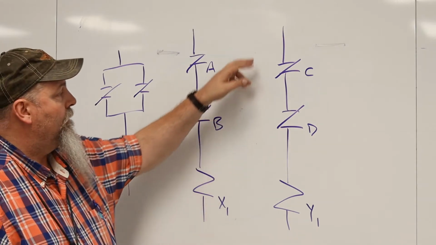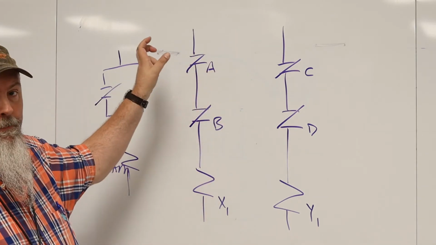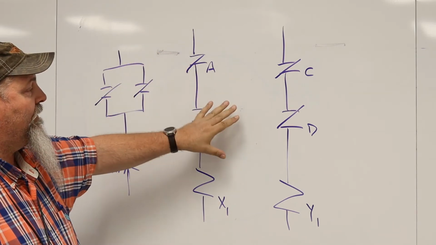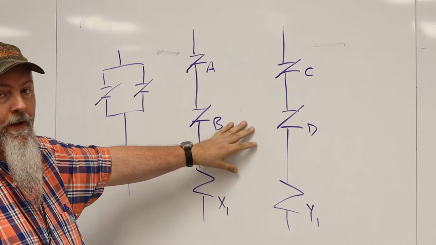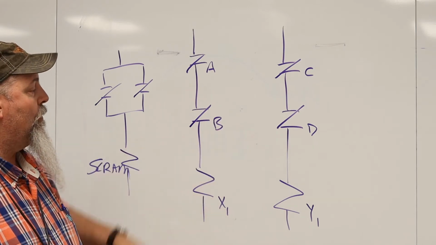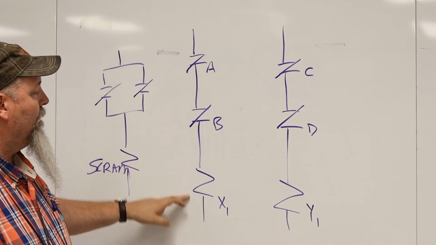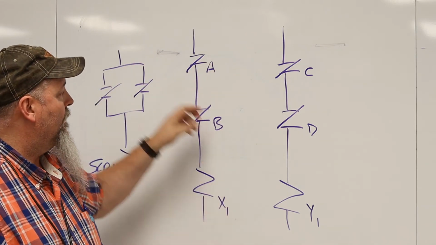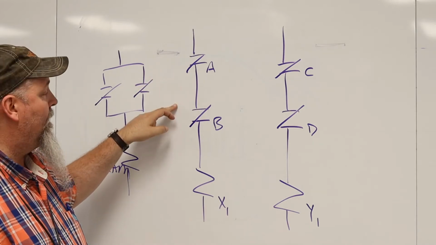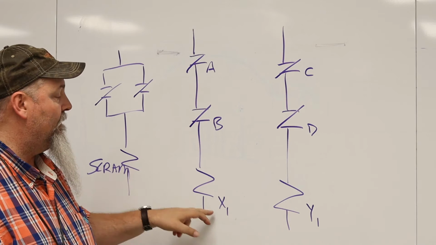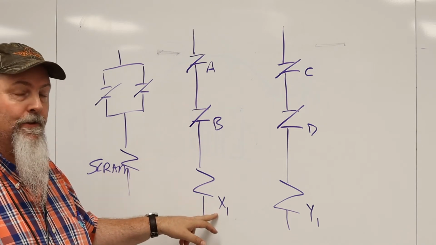So in this setup, instead of parallel sensors, I've just put them in series. This is still a 1 out of 2 taken twice logic, but this is showing a de-energized to actuate. So I maintain power through here. This contact's closed and this contact's closed. The alpha contact and the Bravo contacts are both closed, keeping the X-ray 1 relay energized.